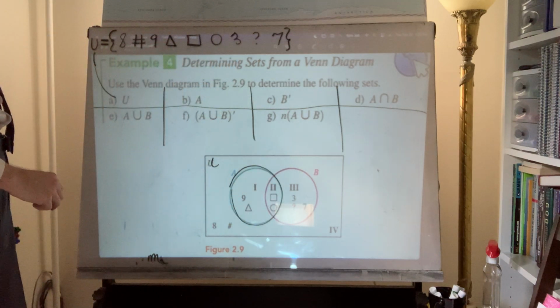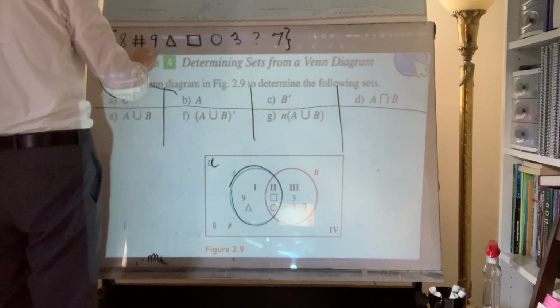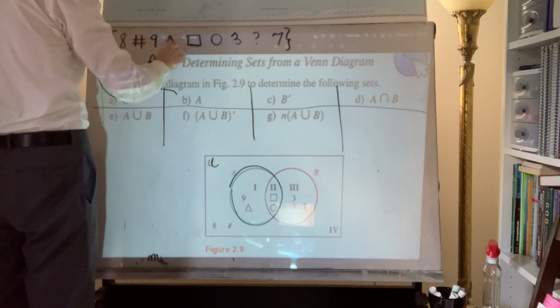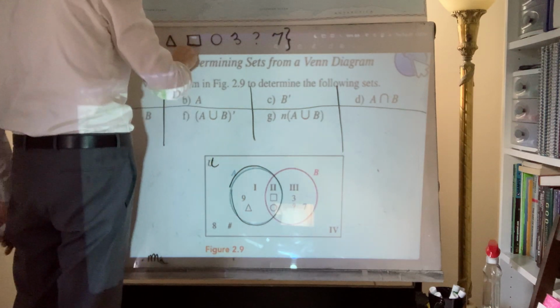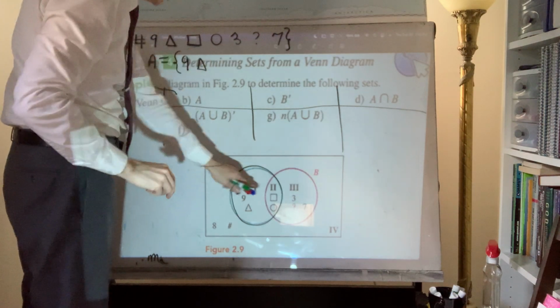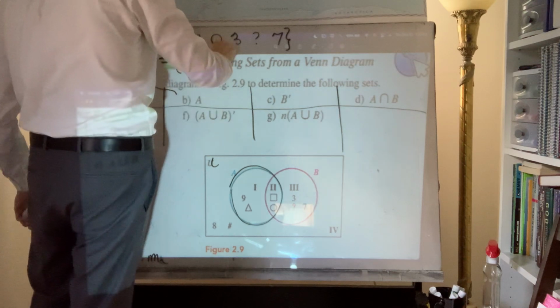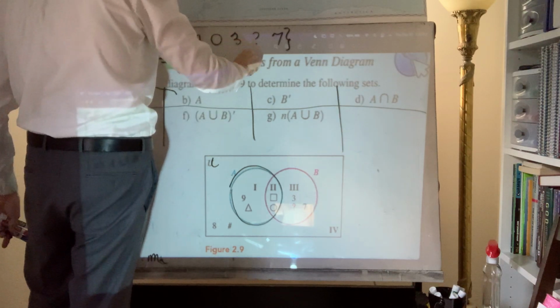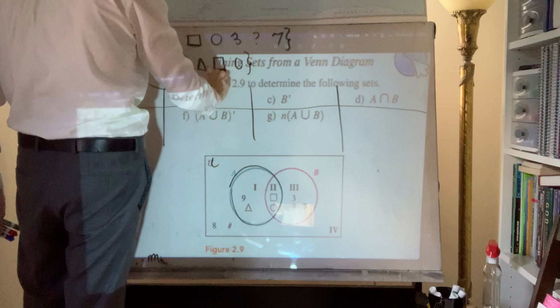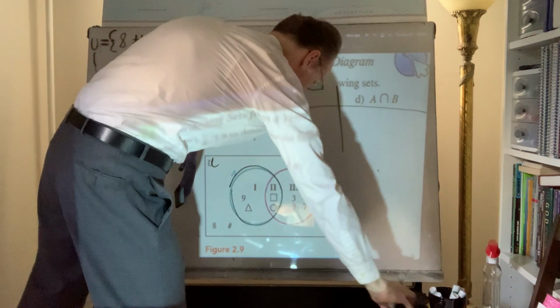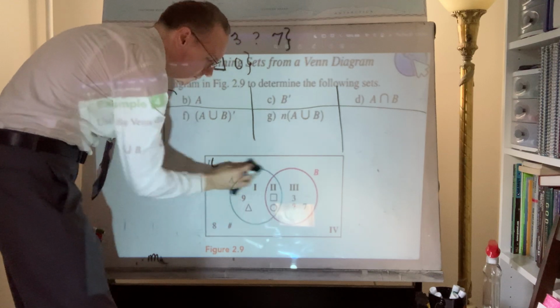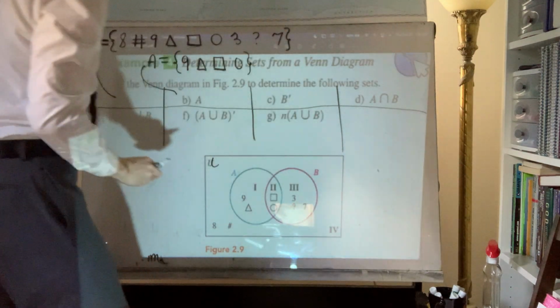I'll erase it later, but what would that indicate? A would be fancy braces, 9, triangle, square, circle. So more shape than number. There you go. All right, moving on.